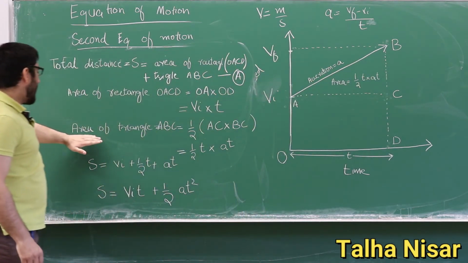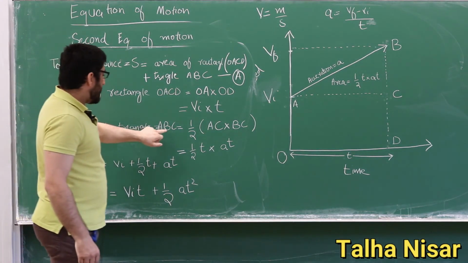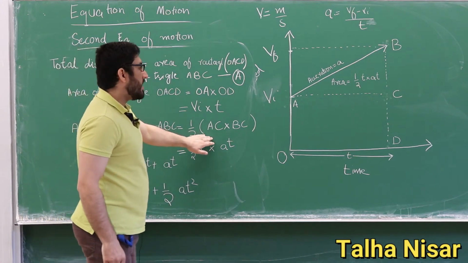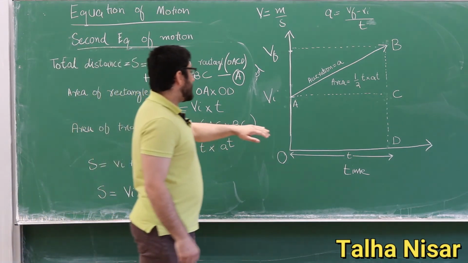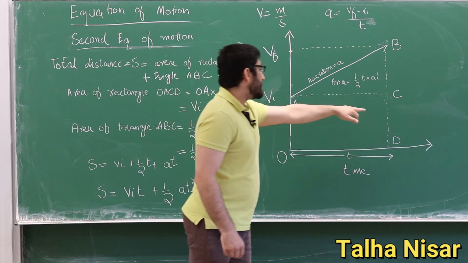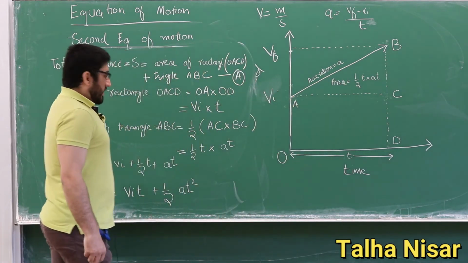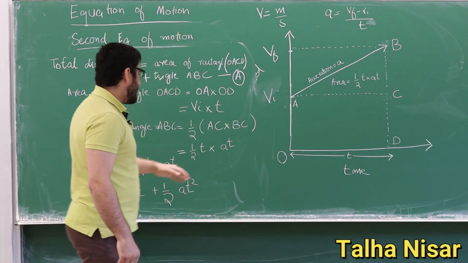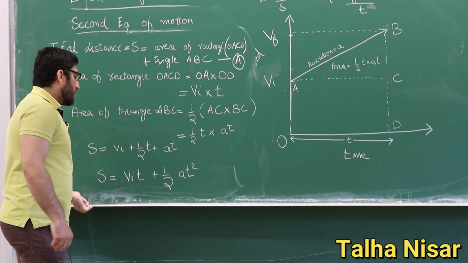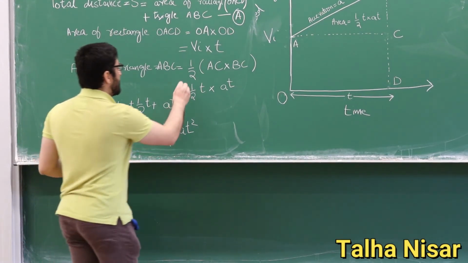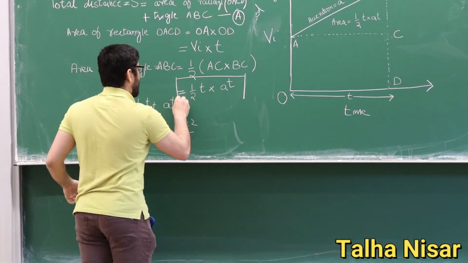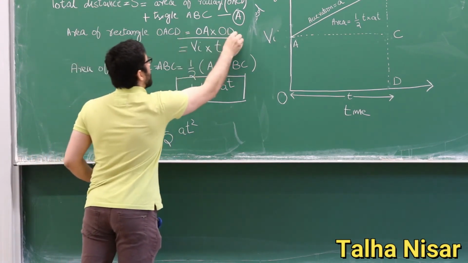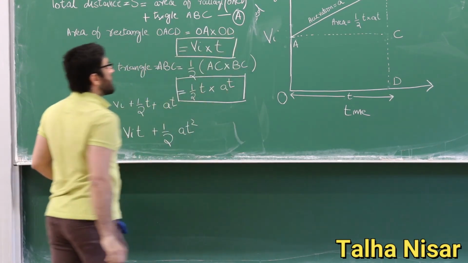The area of the triangle ABC is one half multiplied by AC, this side, and then BC. When we put in the values, the time and then at, we have the area of the triangle, and then we have the area of the rectangle.